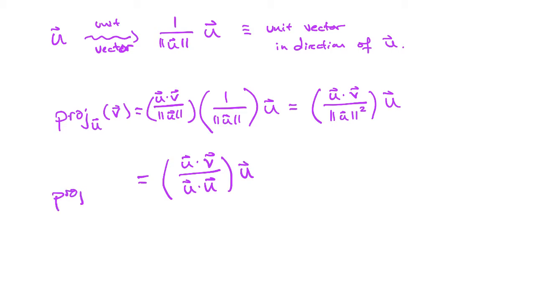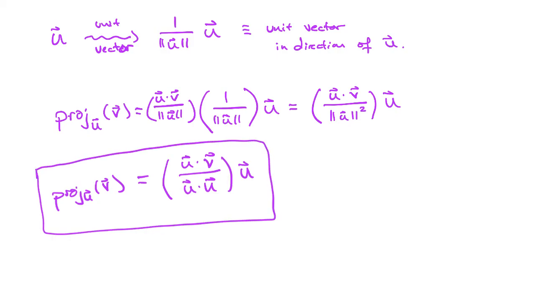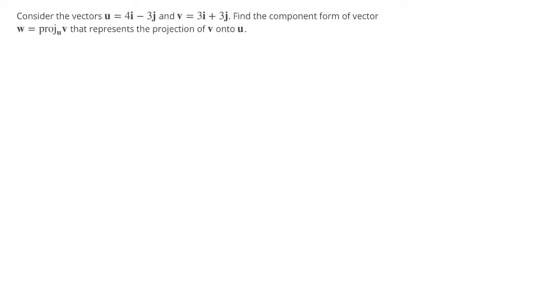And so we obtain a formula for computing the projection of v onto u in any particular case, just in terms of dot products. Now we're able to take those two vectors and scale them appropriately to obtain our projection vector.